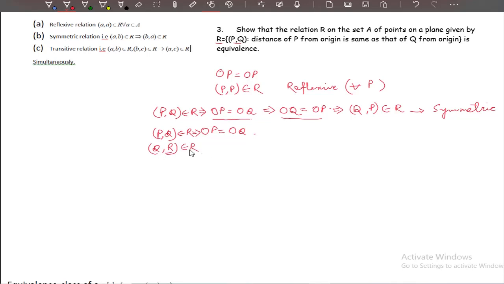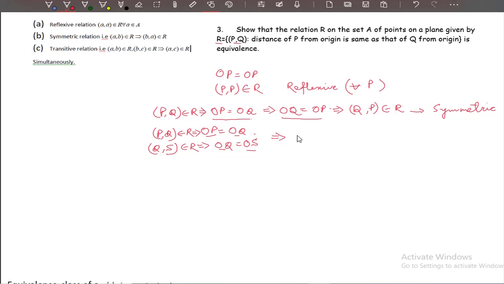R is another point. R is not in the relation, so don't take R, take S. If OQ equals OS, that means OP equals OQ and OQ is equal to OS.